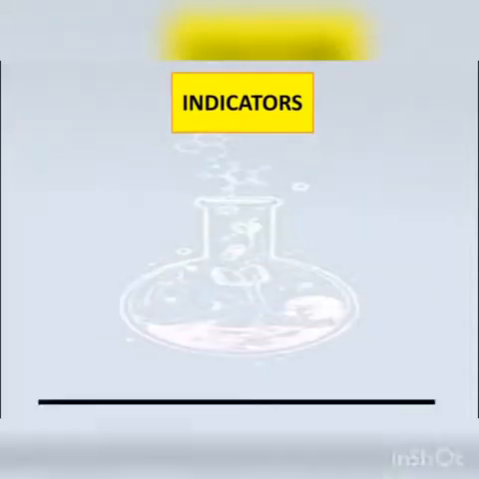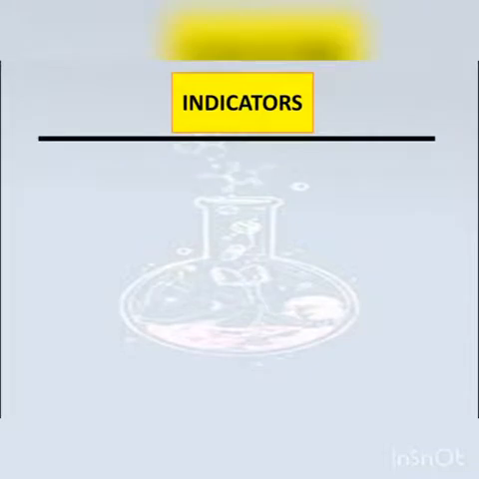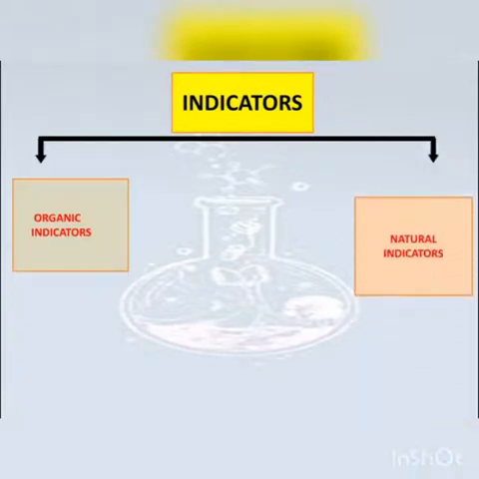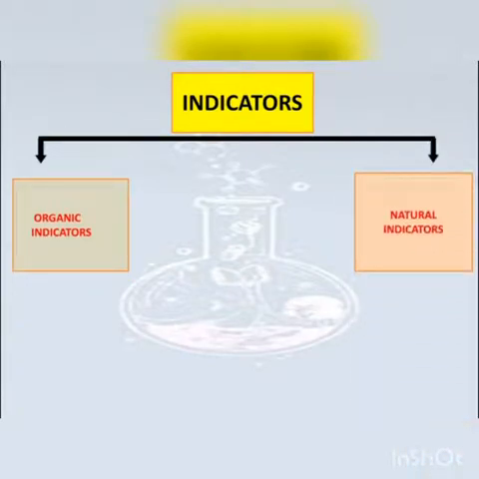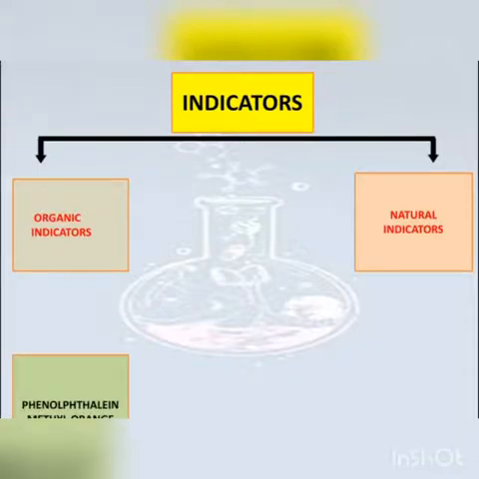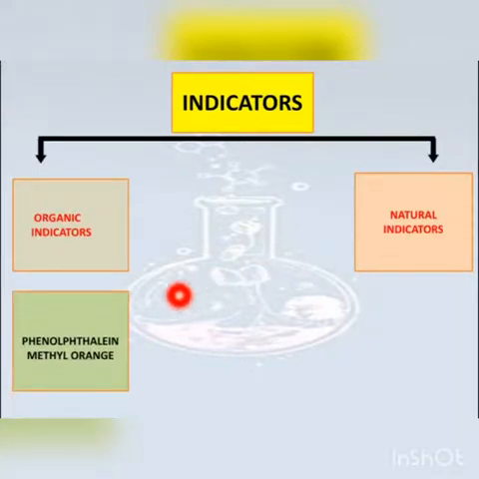Next is indicators. What are indicators? Firstly, indicators are those substances or compounds that show different colors in acidic and basic mediums. In indicators, firstly we will study organic indicators, then we will move toward natural indicators. Now, in organic indicators, we will study those indicators that are included here. First is phenolphthalein and second is methyl orange.